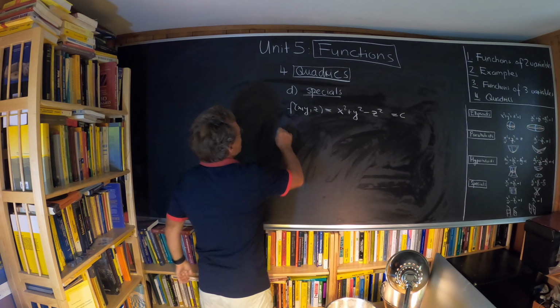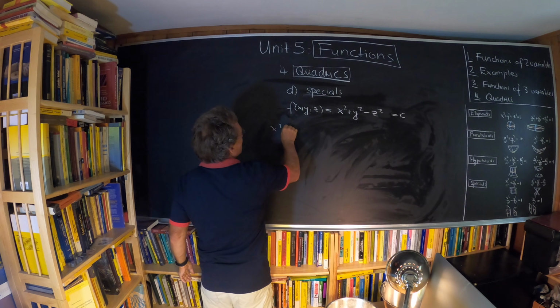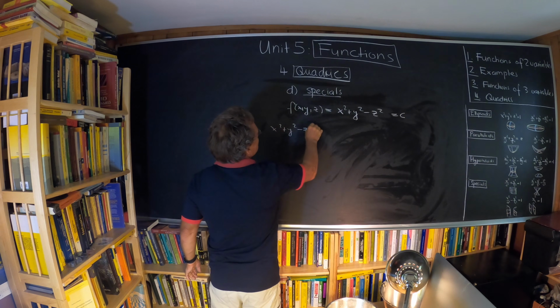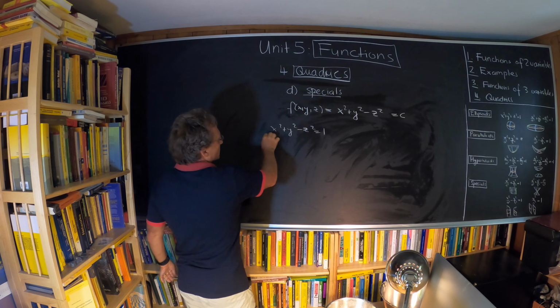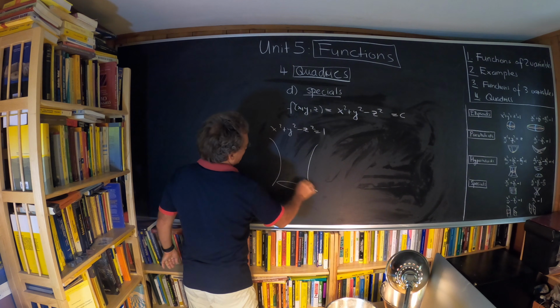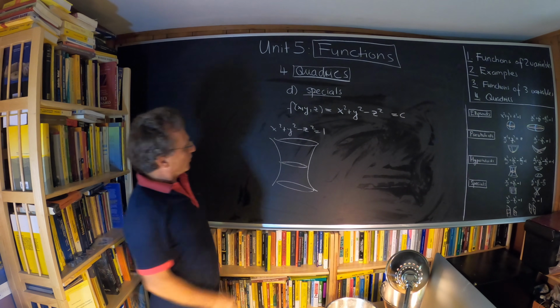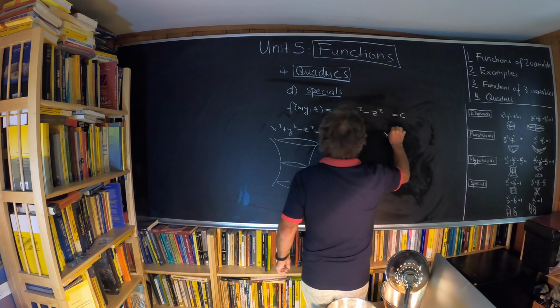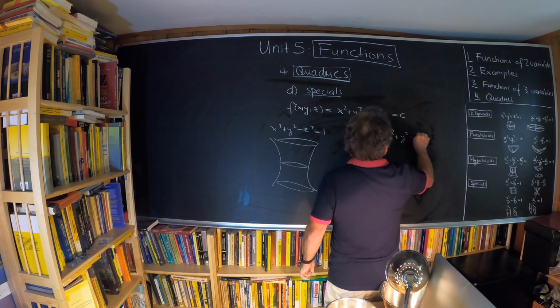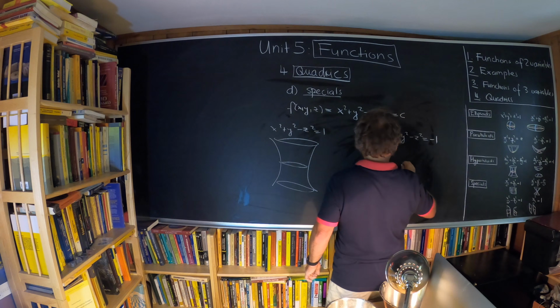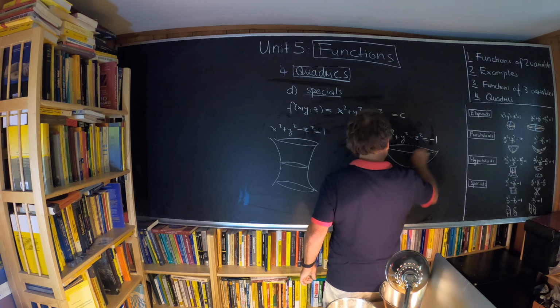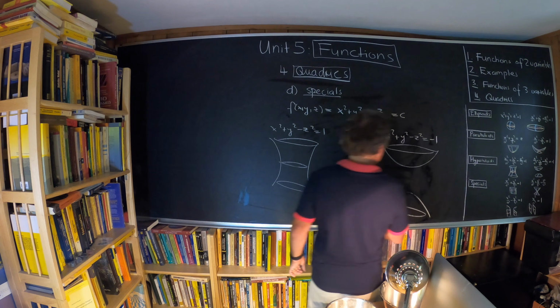So x squared plus y squared minus z squared is equal to 1. Now, if it is equal to minus 1, we have seen this is also a hyperboloid, but a two-sheeted hyperboloid.